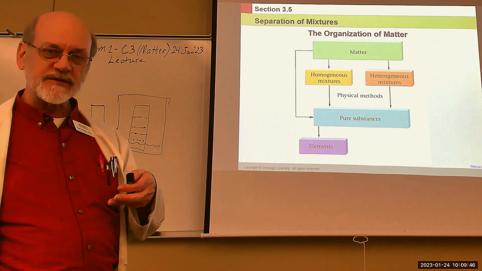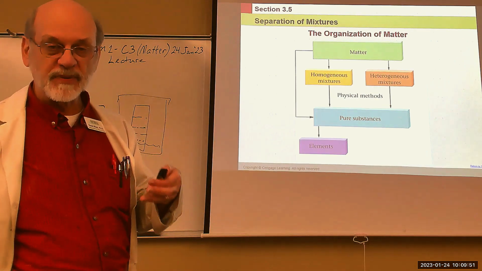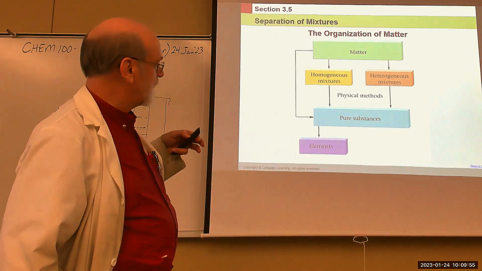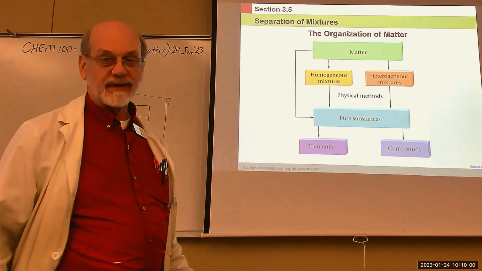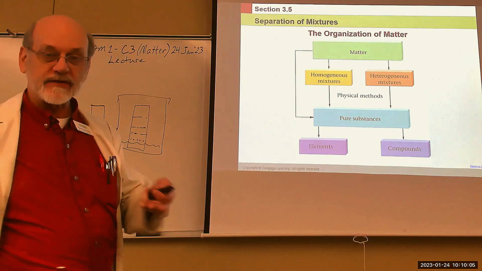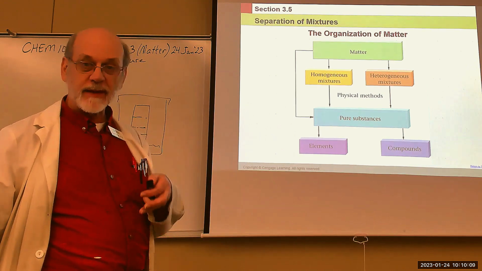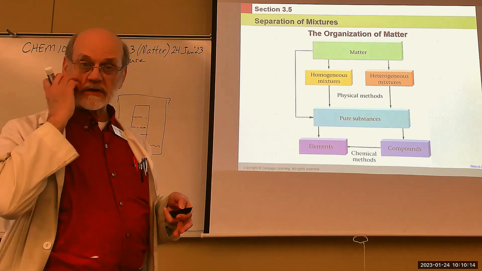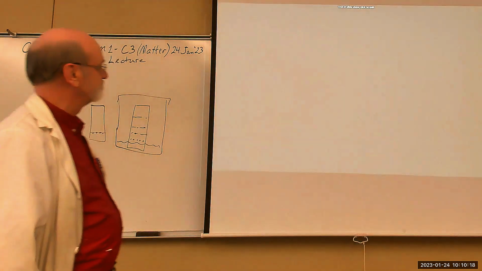Then if you have pure substances, the only way that you can separate the pure substance into components is by chemical means. And the pure substance could either be an element or it could be a compound. And the element, of course, you can't reduce it any further. But the compound, you might be able through chemical means to change it into elements, separate the elements.